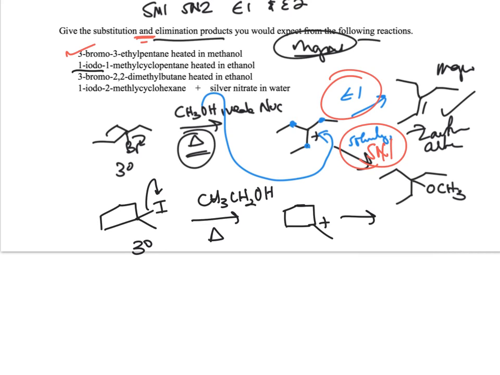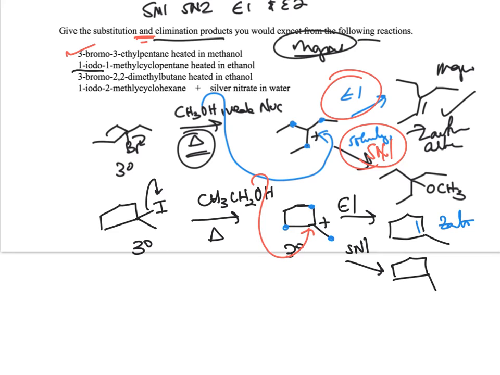So now you're going to get a tertiary carbocation, and let's go ahead and give you the elimination products. So we could take a hydrogen from this carbon. It will take one from the ring to give you your Zaitsev product, the more stable alkene, and that's going to be an E1. Your SN1 will be your ethanol comes in and does a nucleophilic addition, and you get this ether.